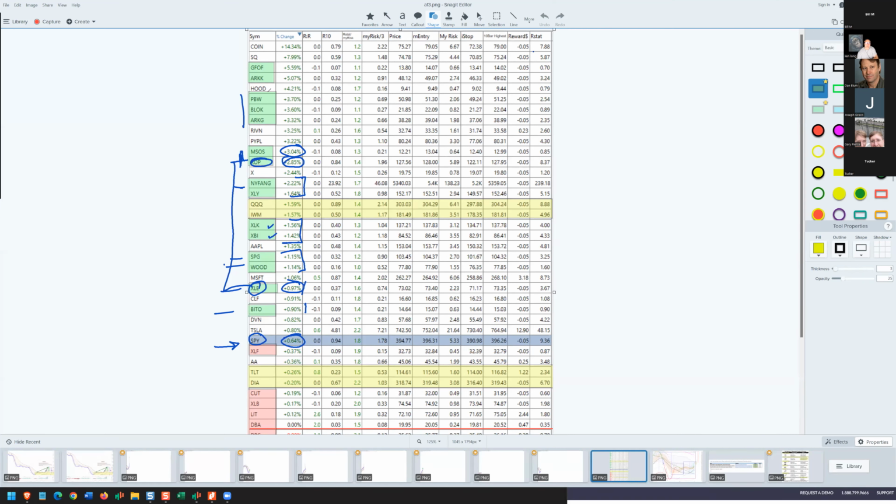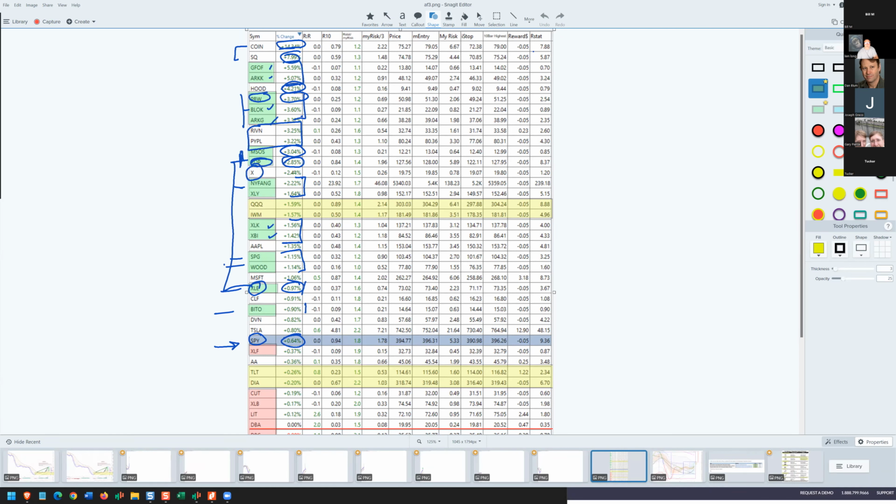Clean energy, 3.7. Blockchain, Arc Genomics, Arc Innovation, Global Future of Finance, 5.6 and 5% respectively. So a wide range of disruptors and growth. Coinbase and Squarespace, 14 and 8%. Robinhood, 4%. Rivian and PayPal, 3.25%.